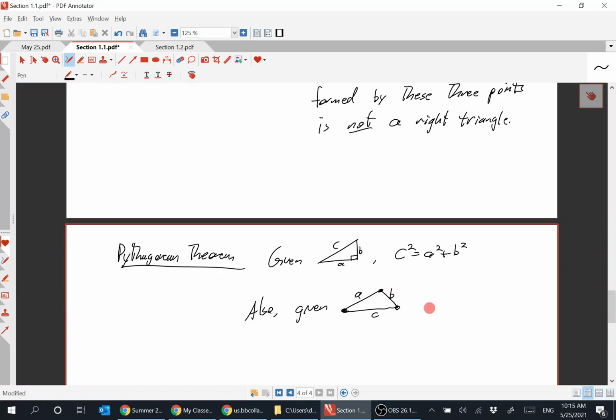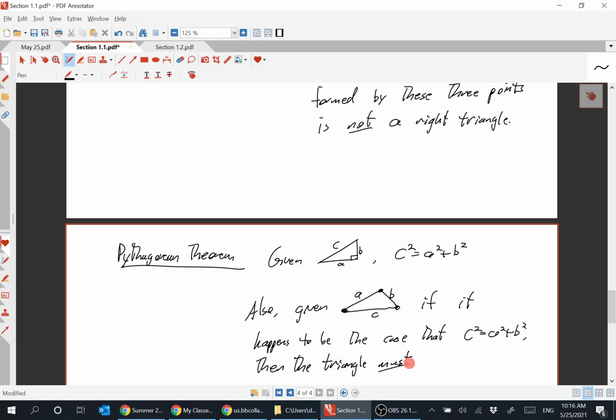Given a triangle like that, if it happens to be the case that c squared equals a squared plus b squared, then the triangle must be a right triangle.